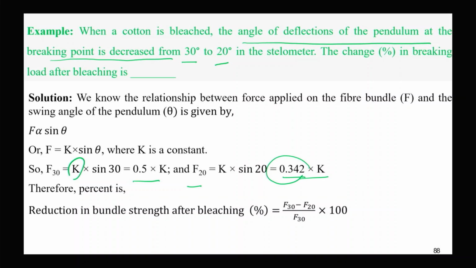So (F30 minus F20) by F30, and we get that 31.6% drop. Percentage drop in strength after bleaching will be 31.6% when we test the bundle strength by Stelometer.